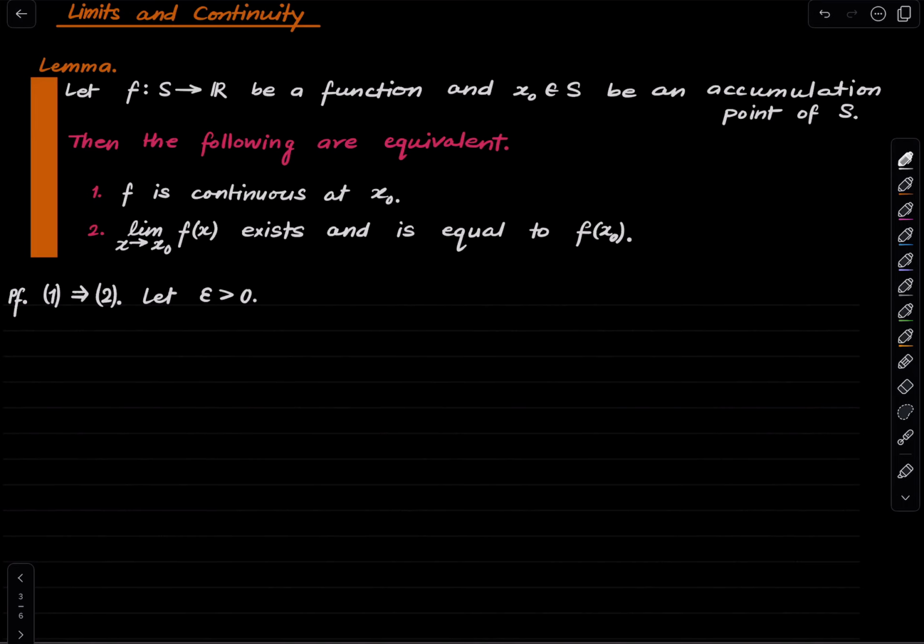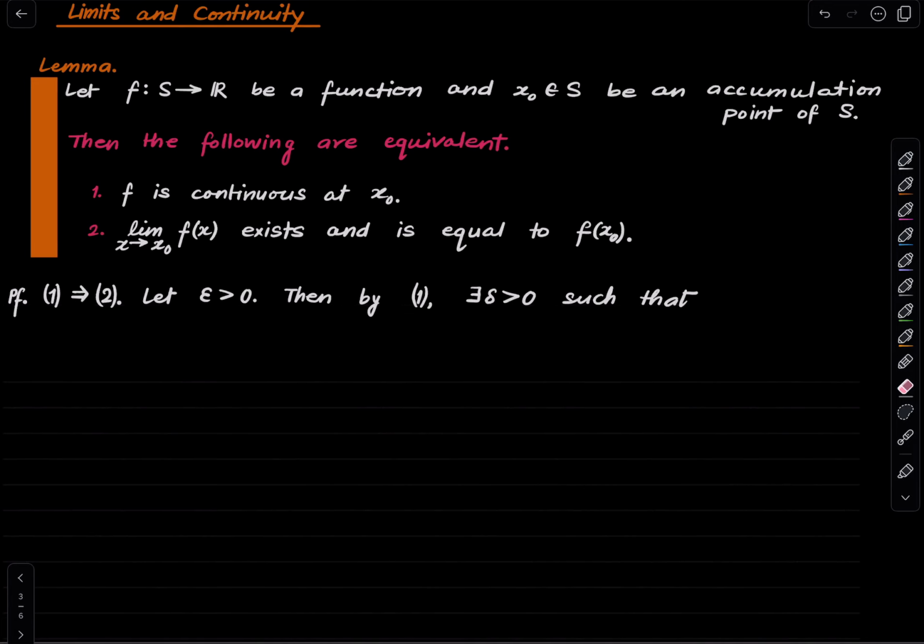Then by 1, there is some delta greater than 0 such that whenever you choose x in the delta neighborhood of x0 and in the domain, of course, then the function respects the value at x0 with the tolerance of epsilon. This is immediately using the epsilon delta criterion of continuity at the point x0.